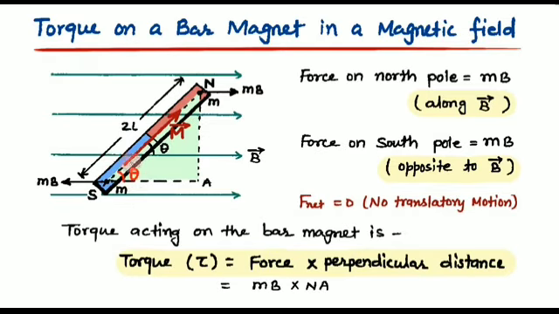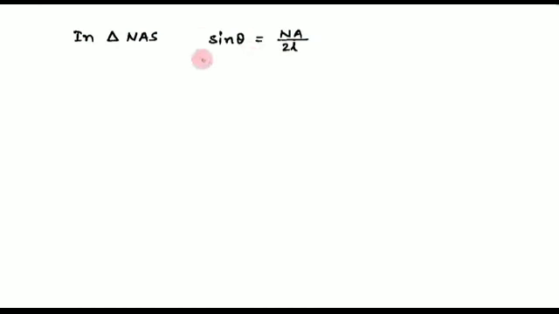Next, here we draw a right angle. From the right angle triangle NAS, sin theta is equal to NA by 2L, so NA is equal to 2L sin theta.